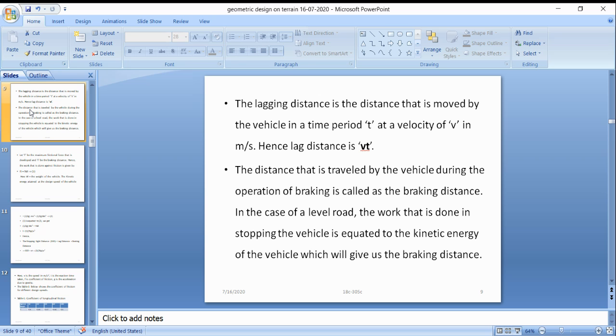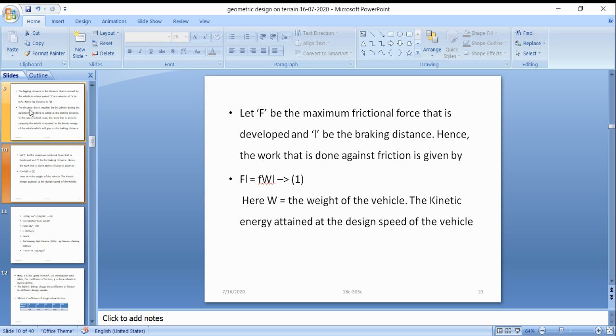In the case of a level road, the work that is done in stopping the vehicle is equated to the kinetic energy of the vehicle, which will give us the braking distance. So if it is a level road, that will be applied for the kinetic energy, for the braking distance. If we are applying the brake, we are creating some friction.